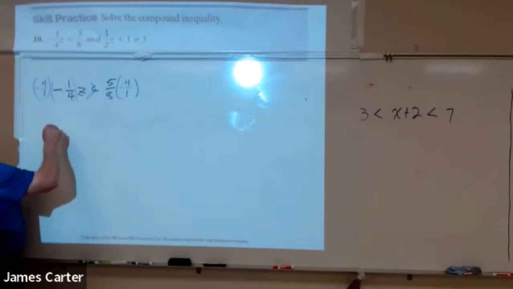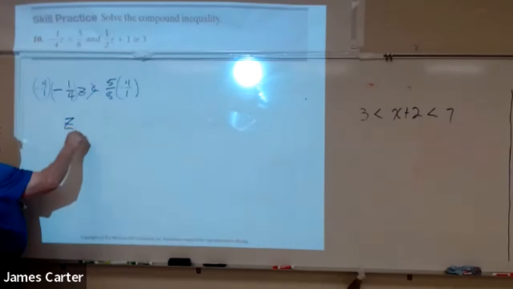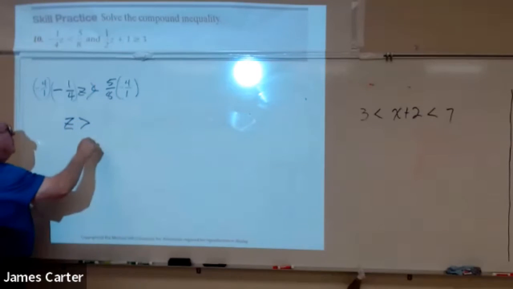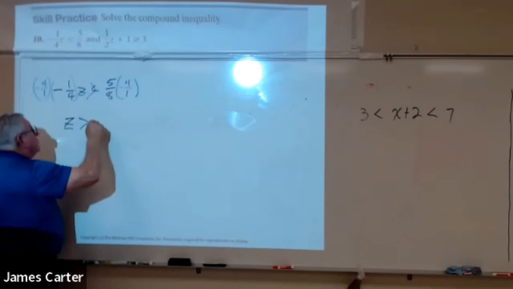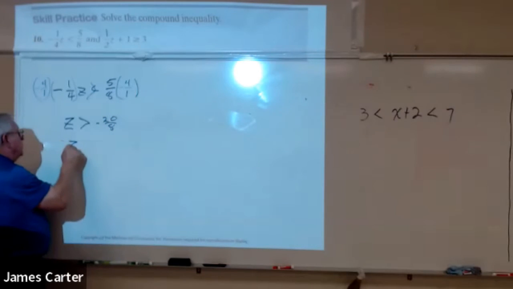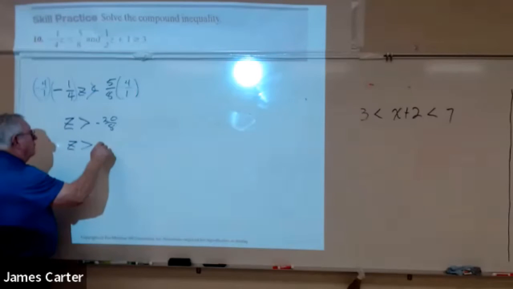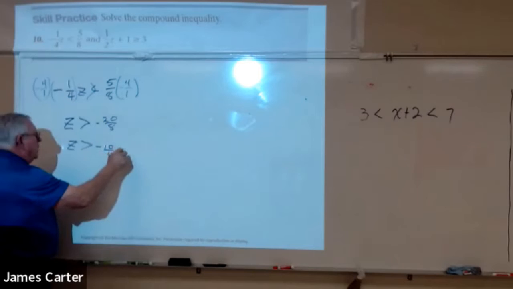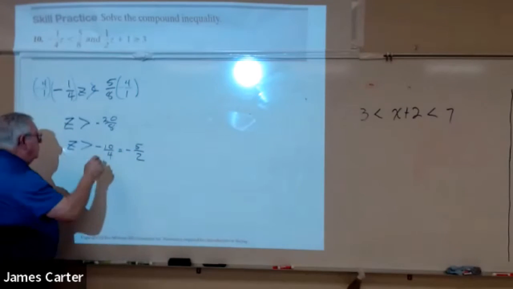Resulting in 1z greater than -20 over 8. A negative 20 over 8 reduces to negative 10 fourths, to negative 5 halves.